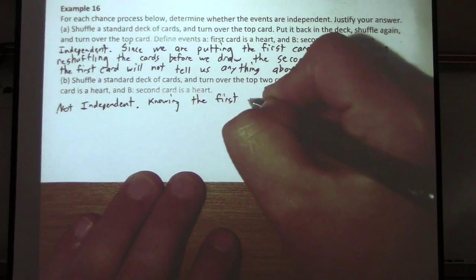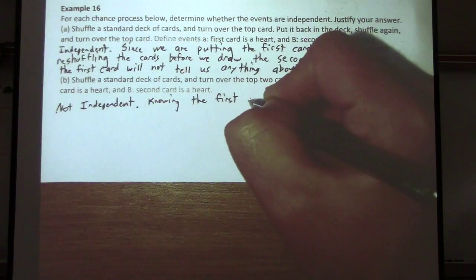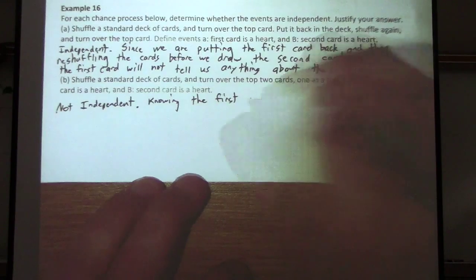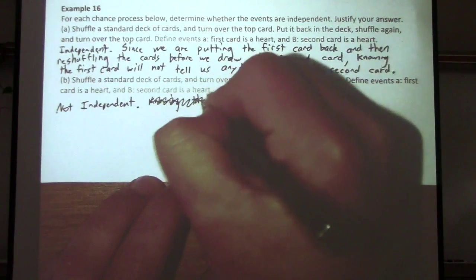So we could say, knowing what the first card is, let's actually do this.